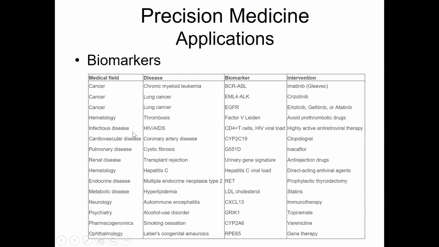But also in other diseases, so you would see, for example, cystic fibrosis, which is a very serious disease, as you probably know. There are drugs that are specific to certain variants of certain genes.